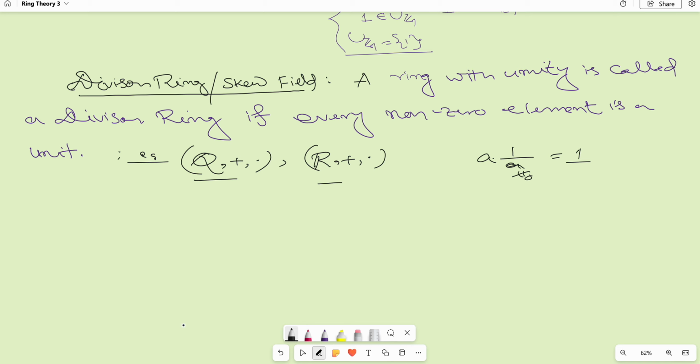What is a field? In terms of rings, a commutative division ring is called a field.